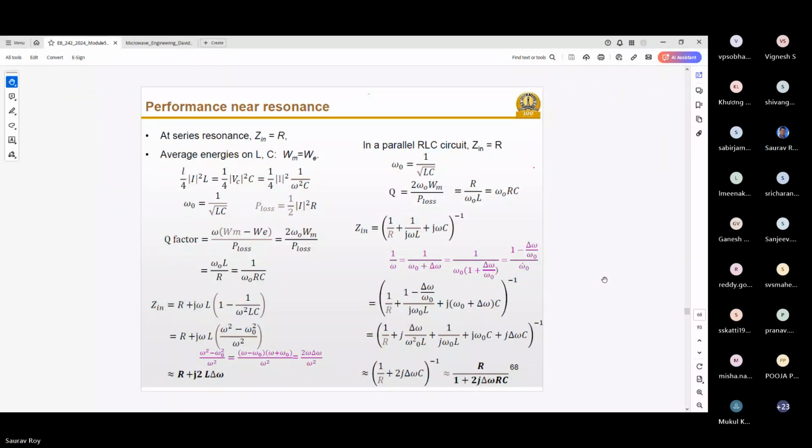In the series case, it comes like R plus j2L delta omega. In the shunt resonance case, you have R over 1 plus j2. So the expressions are almost inverse.